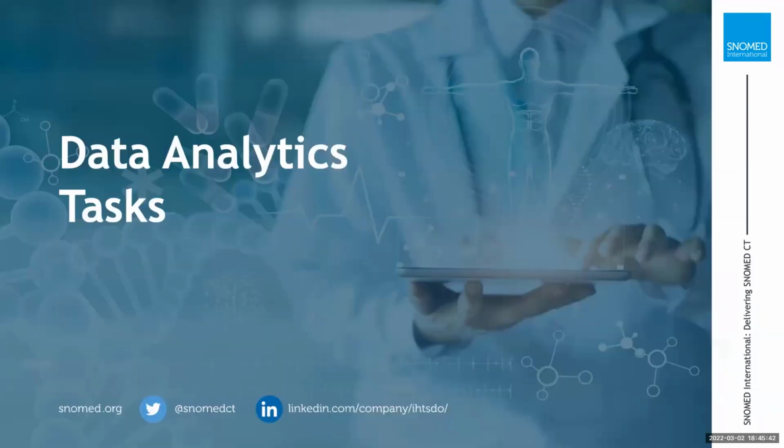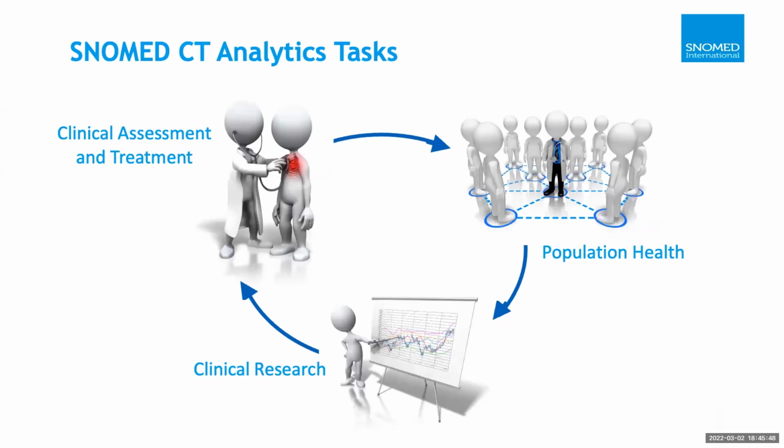Next, I want to talk about the analytics tasks, just keeping an eye on the clock here. There are three broad categories of data analytics tasks that I showed you earlier, and here are just a few examples of the kinds of things you would want to do within each of these categories.